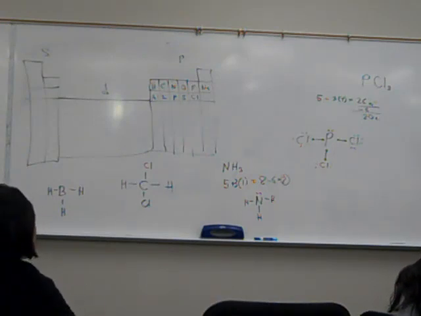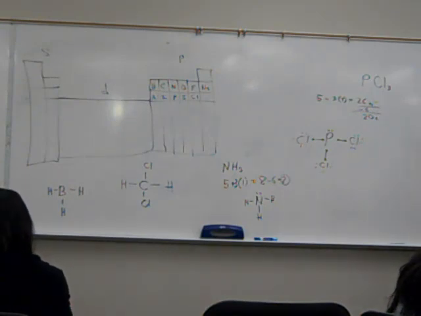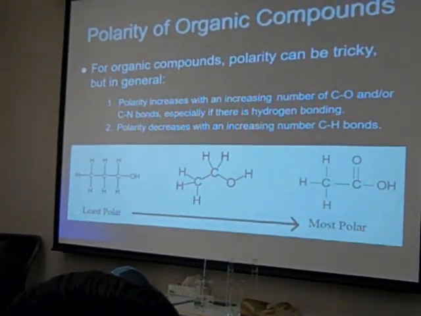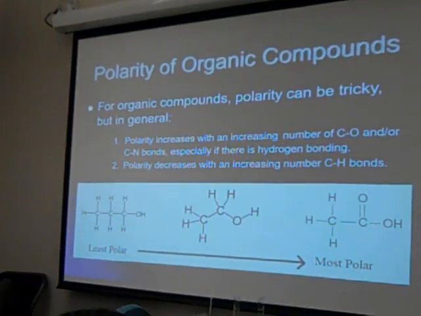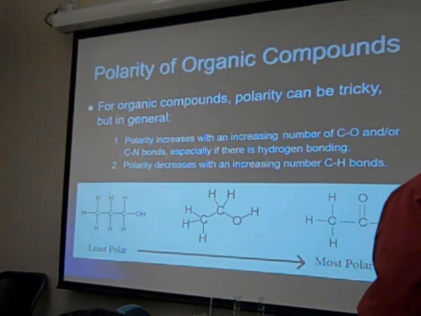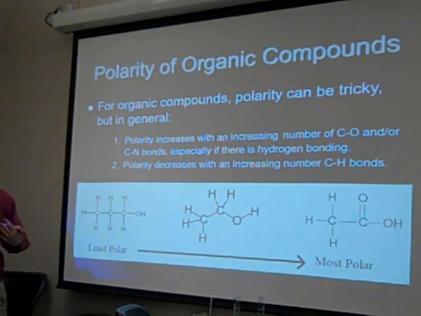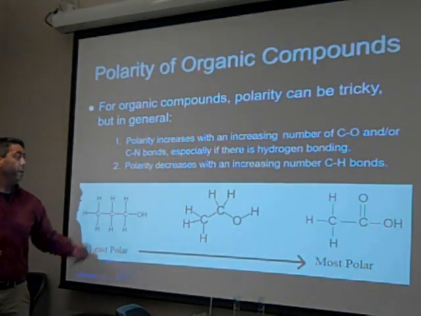Now, polarity of organic compounds. So this is another interesting factor. If you have to measure between levels of polarity, in general, organic compounds are compounds that have carbon and hydrogen in them.